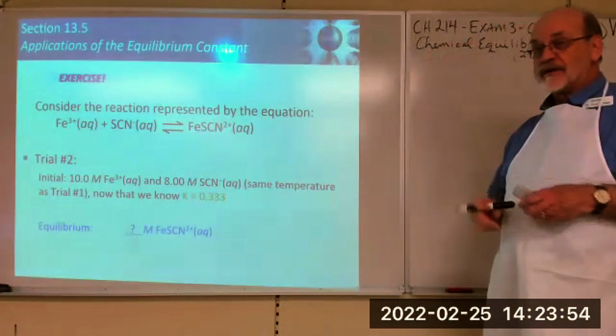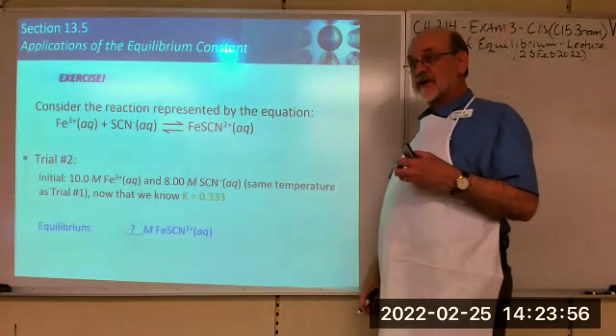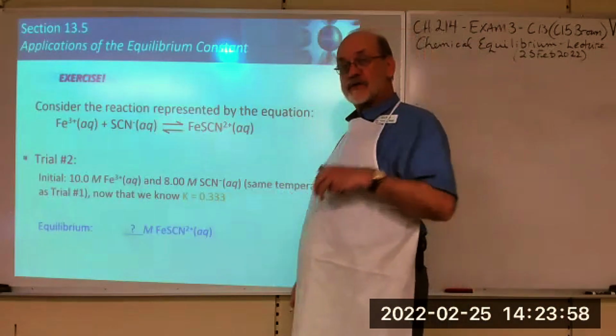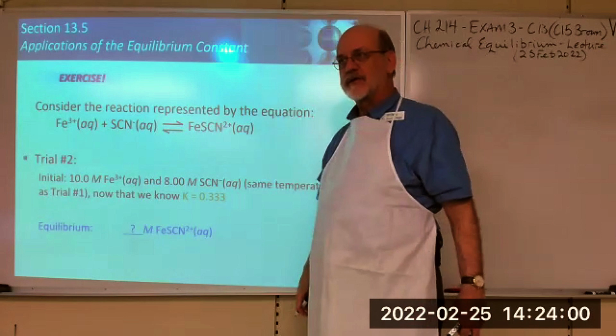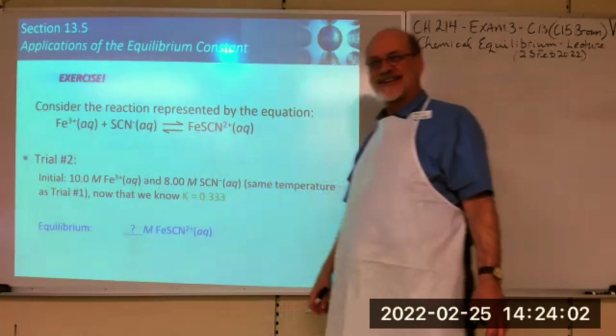So the ICE table is a valuable tool, and we're going to use it not just for this chapter, we're going to use it for practically everything else to the end of the semester.